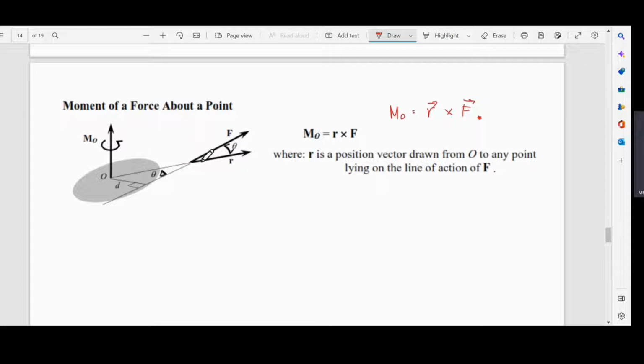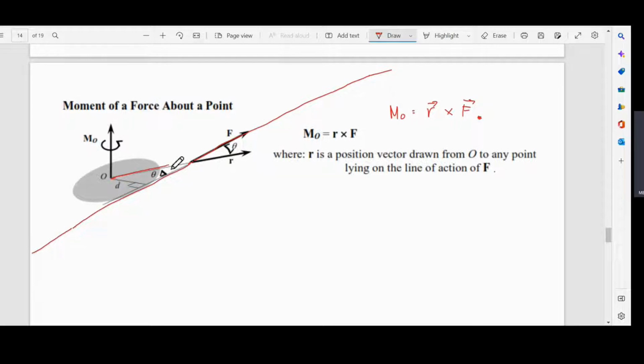Yung kanyang position vector daw is any from the point of action or line of action of our force F. So, ito yung line of action ng ating force F. Extend natin yan. Line of action nga. Extend, extend. Hanggang dun. Ayan. Basta, nasa line of action yan. The position vector R daw, na kukunin natin is anywhere from the line of action of force F.